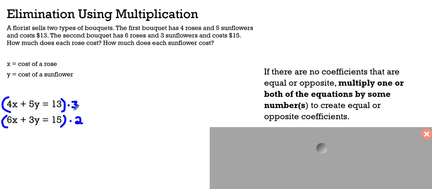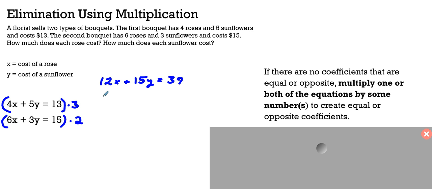These numbers don't need to be the same. We're multiplying everything, all 3 parts of the equation, by that number in each case, because it's kind of like the super distributive property. This one is going to become 12x plus 15y equals 39.